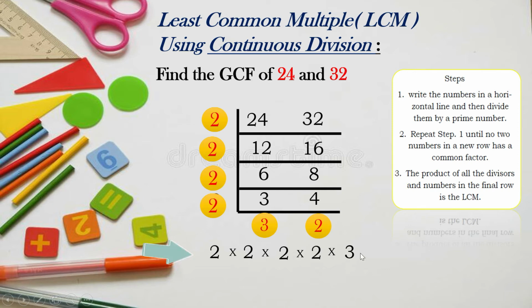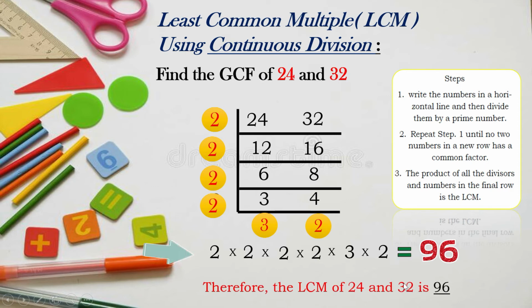Okay, we have 48. And then times 2, we have 96. Okay, again, 2 times 2 times 2 times 2 times 3 times 2 is equal to 96. Therefore, the LCM of 24 and 32 is 96.